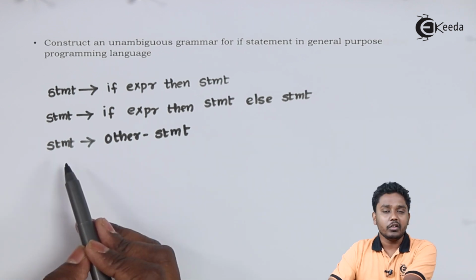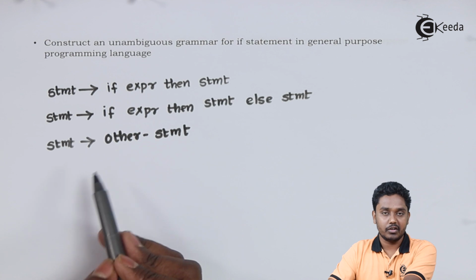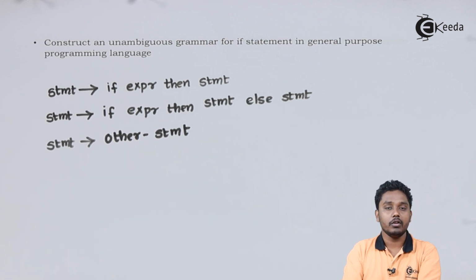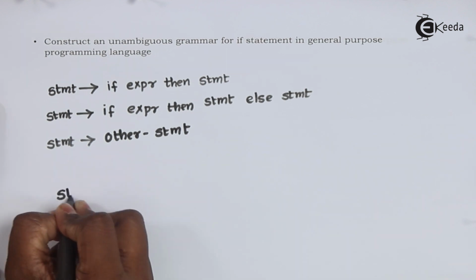If the statement is not an if statement, it could be any other statement, such as an assignment statement or anything. Let us try to construct a parse tree for a string using this grammar and try to prove that this particular grammar is ambiguous.